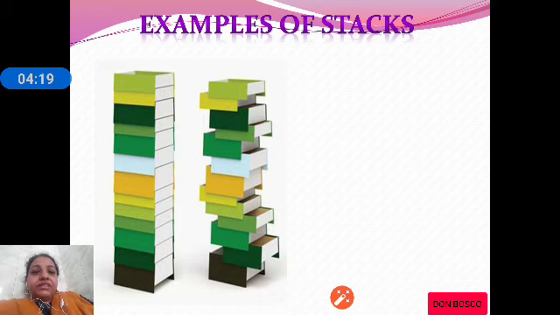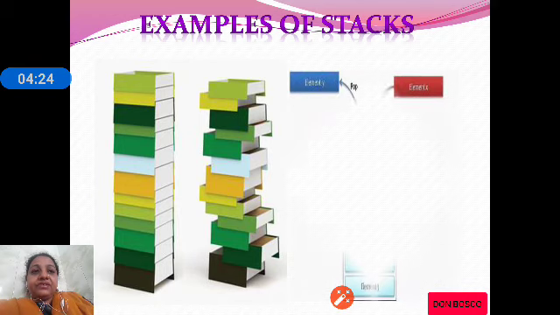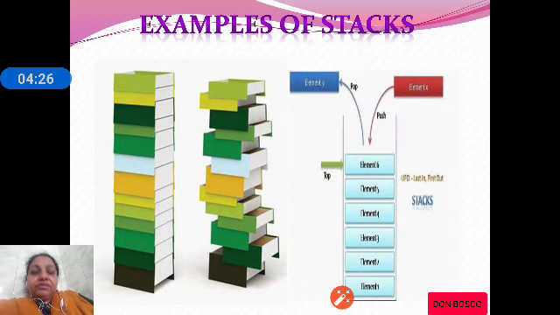Similarly in a library you might have seen a pile of books. Similarly you might have seen a pile of chairs or stools arranged one above the other. So these are some of the real life examples of stacks.